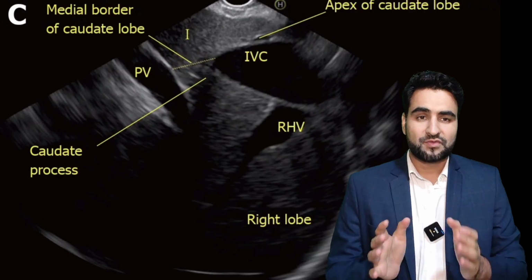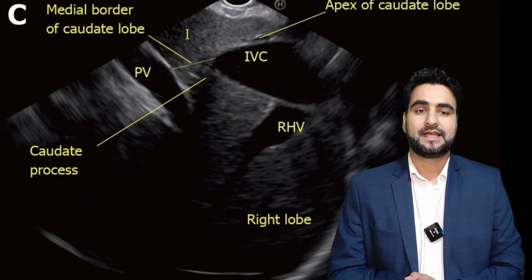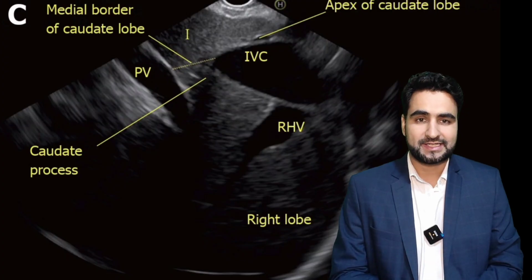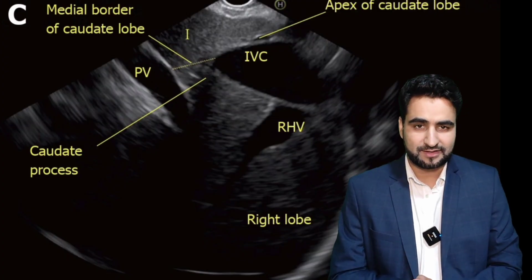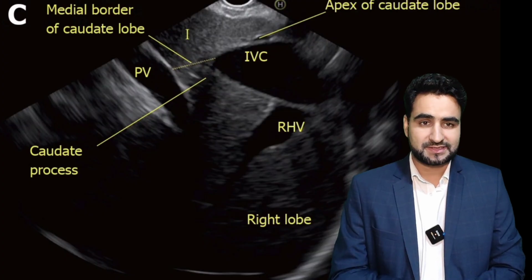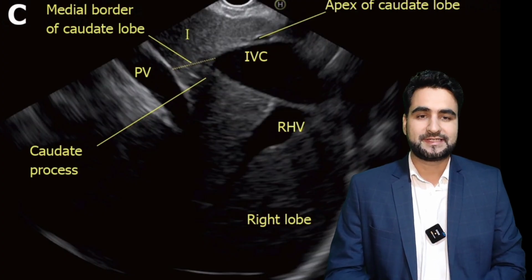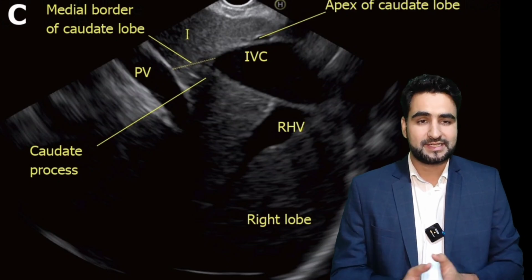In this image, we focus on the caudate process, an important anatomic bridge connecting the caudate lobe to the right lobe of the liver. Here is what you should note. The caudate process runs between the inferior vena cava and portal vein. It represents the medial boundary of the caudate lobe.